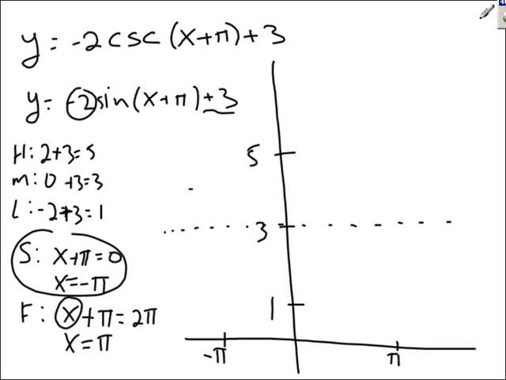And I draw an upside down sine graph. Once again, I should have dashed it. Whenever it crosses the middle, namely here, here, and here, you have your vertical asymptotes.